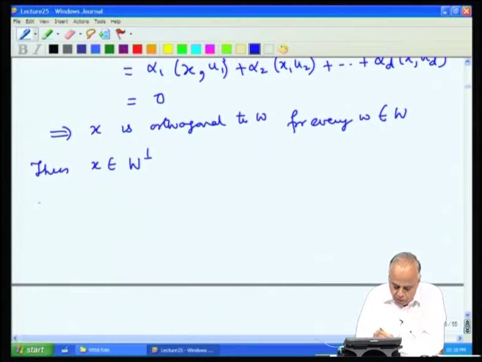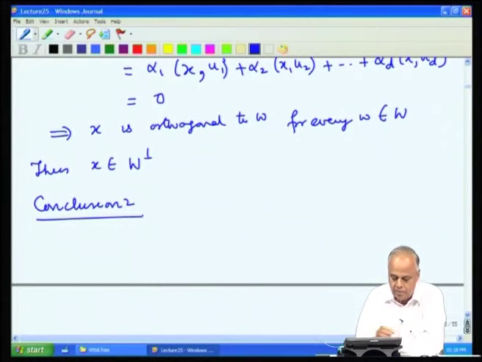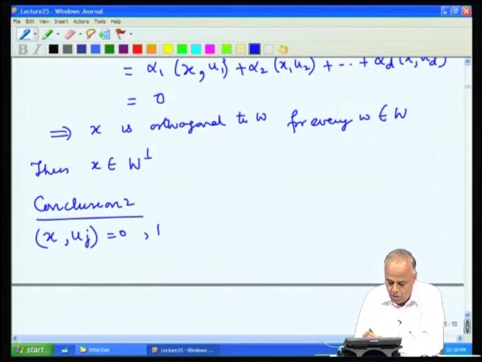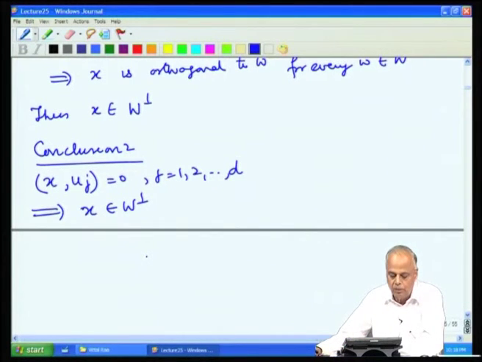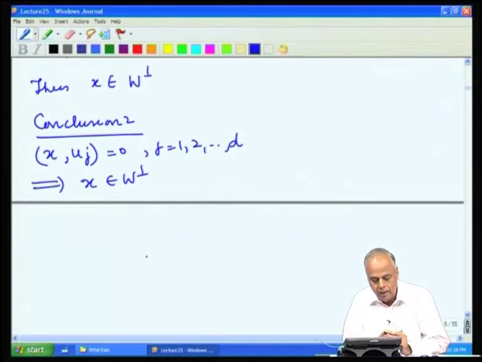So, conclusion 2 is, if we start with the fact that x is orthogonal to all the basis vectors, then that implies x is in W perp. Comparing this with conclusion 1, where we had that if x is in W perp, it must be orthogonal to all the basis vectors, and now if it is orthogonal to all the basis vectors, it must be in W perp.